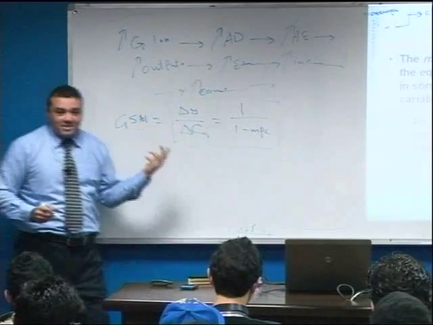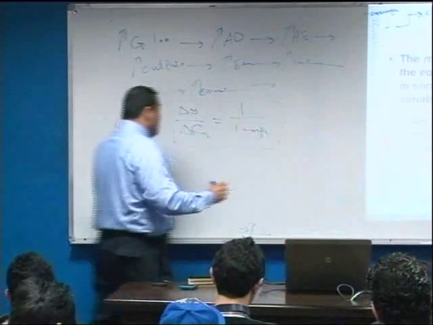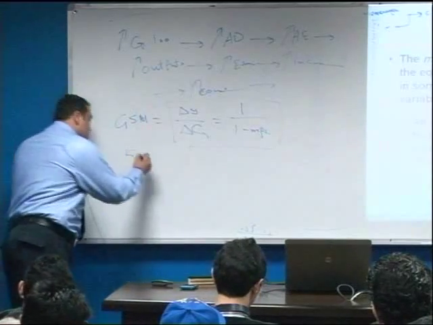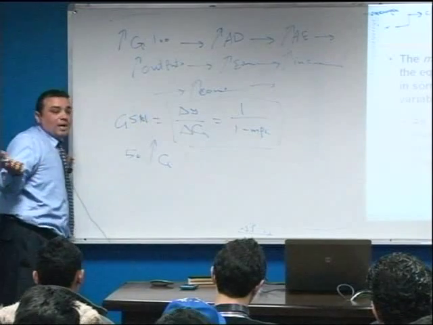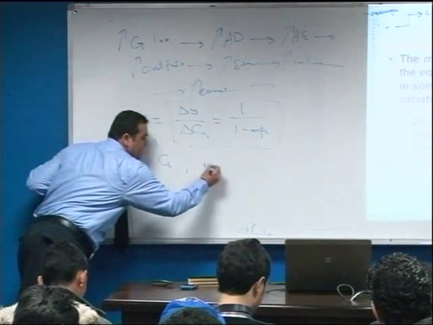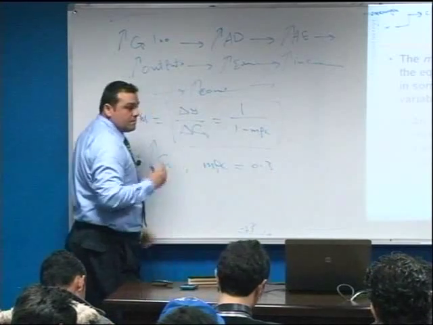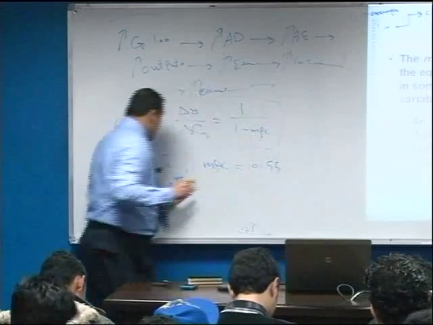So if the government decided to increase its spending by $50 million, this is the increasing of the government spending, or delta G. This leads to what? And suppose that MPC equals 0.55.